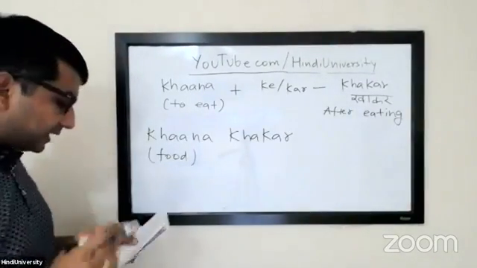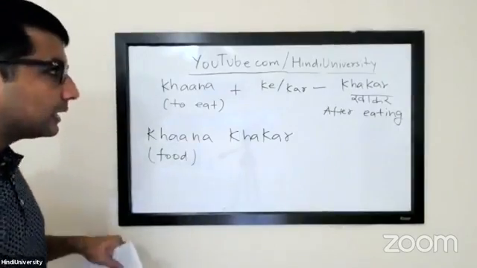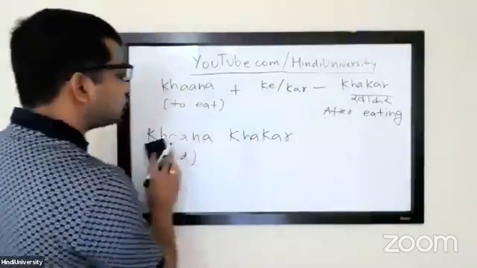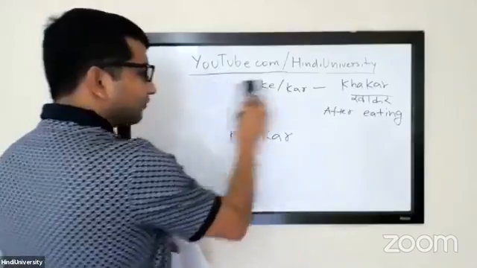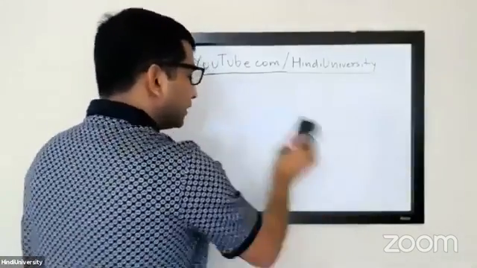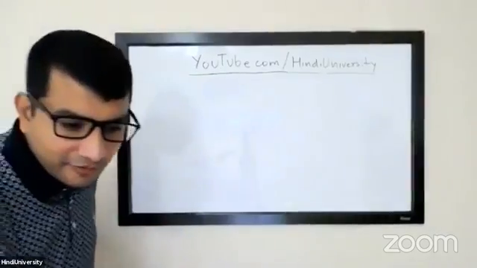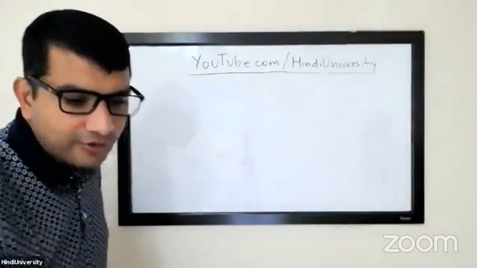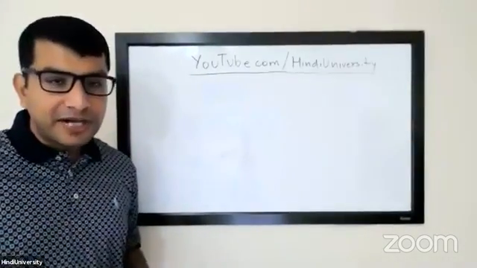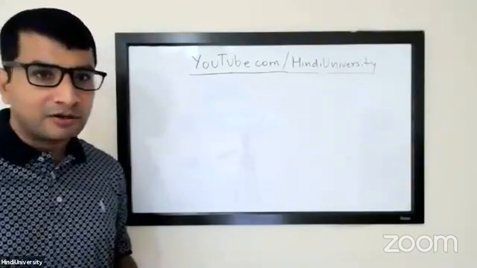Now let me do it the other way around. Let me write down the conjugated version of it and ask all of you what it means. It's hard for me to ask every single person, and I don't want any of you to feel that you're not getting any chance, so I want all of you to use the chat box and write down what it means.